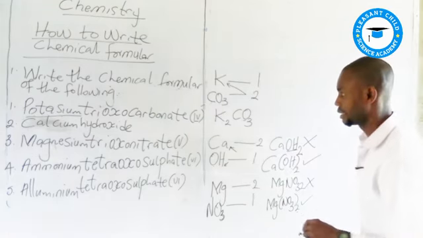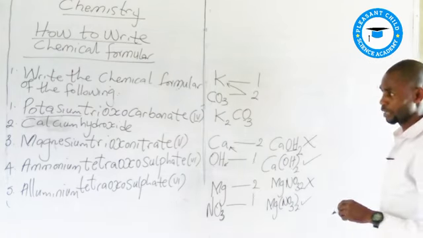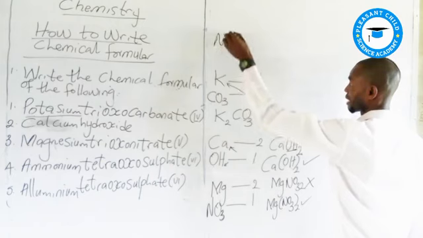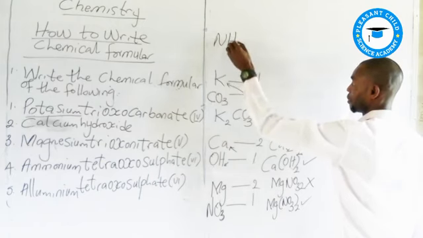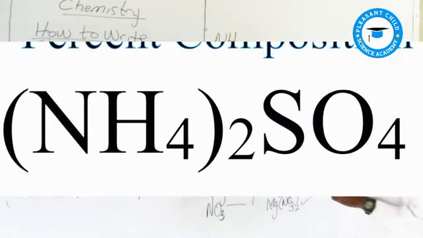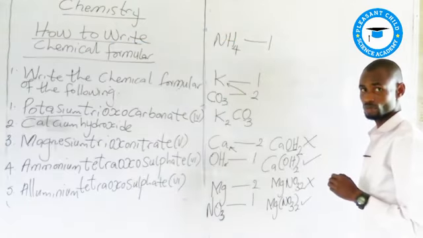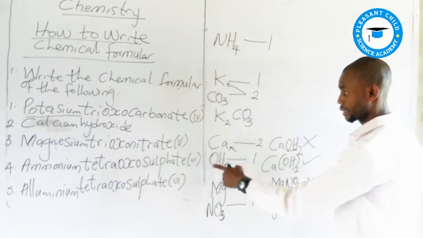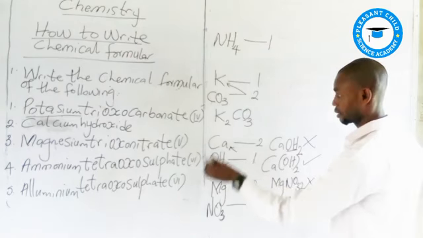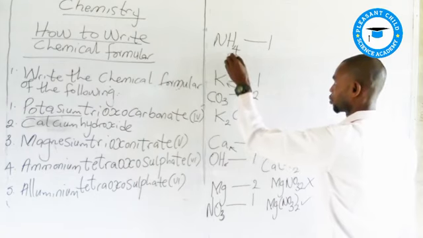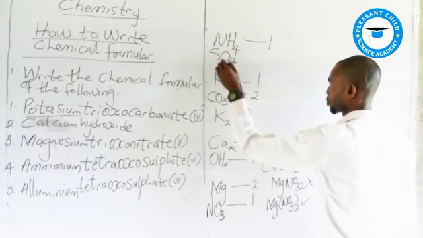Let's consider ammonium tetraoxosulphate(VI). Ammonium is also a radical, and the formula is NH4, and the valency is 1. Are you with me? Then tetraoxosulphate(VI): tetra means 4, also oxygen and sulfur.